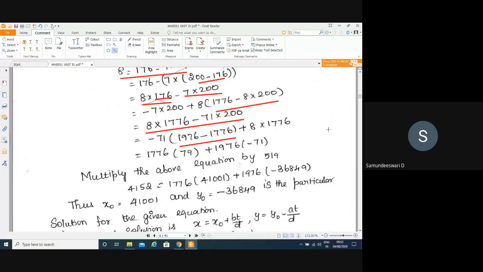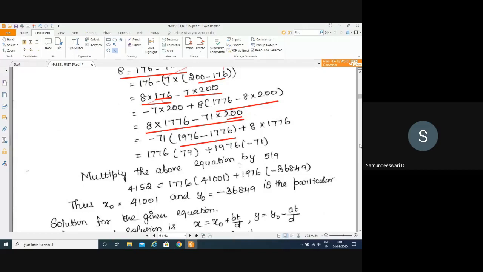Okay. So replace, in the place of 200 you have to put 1976 minus 1776 plus 8 into 1776. So again multiply inside the bracket: minus 71 into 1976, and minus 71 into minus means plus 71 into 1776, plus 8 into 1776. Okay, 71 plus 8 is 79.